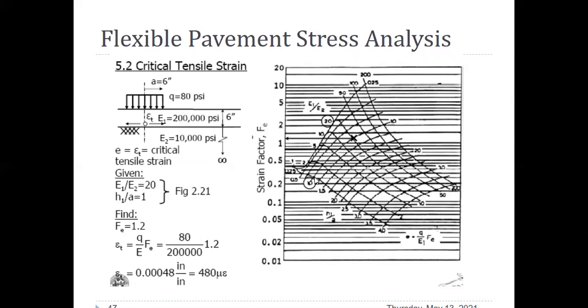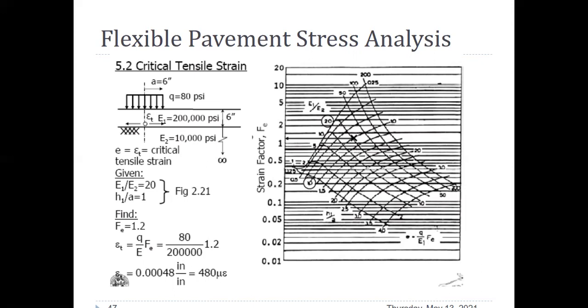The curves going from bottom to top represent H1 over A. So you need to know E1 and E2, and H1 over A. Once you get this intersection value, you can find the strain factor. And once you have the strain factor, you can use the relation Q over E1 times Fe to calculate the critical strain. Let's try to solve the given example.